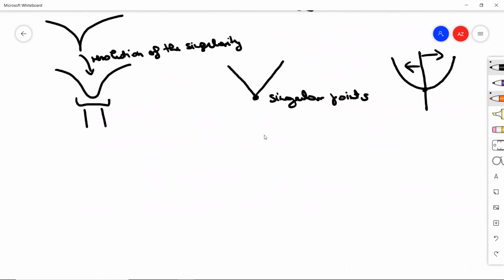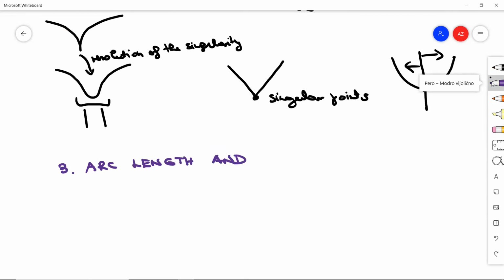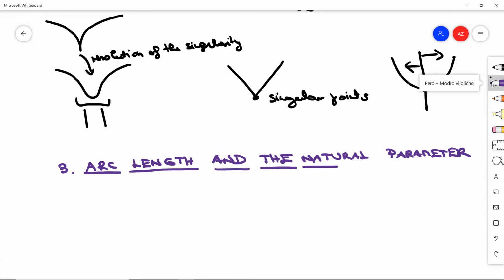And now we come to the third topic of today's lecture, which is arc length and the natural parameterization. So we would like to measure the length.